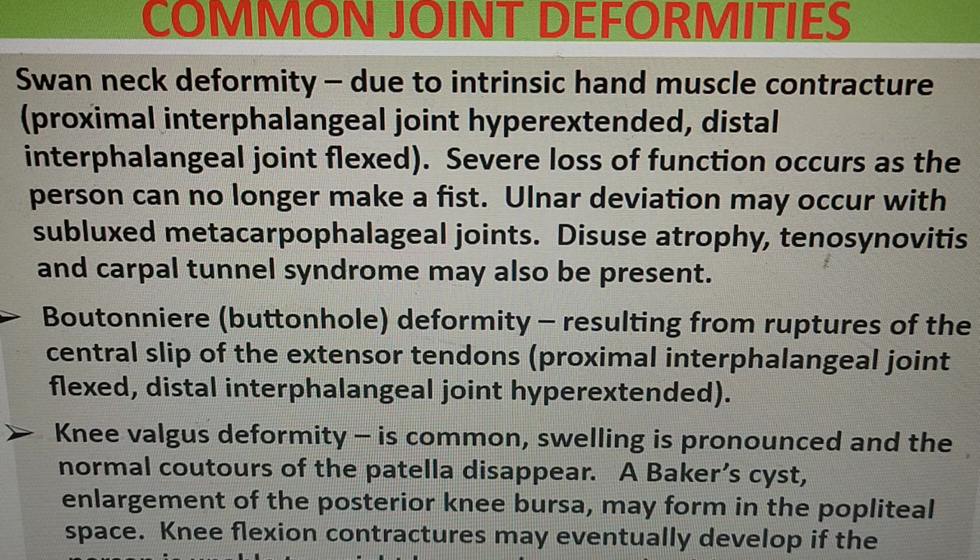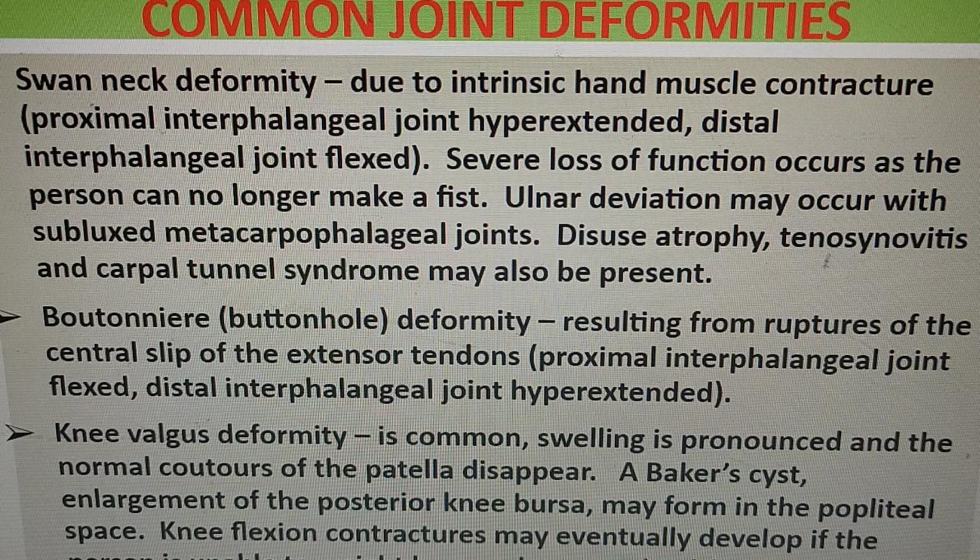Okay, ulnar deviation may occur with subluxed metacarpophalangeal joints. Disuse atrophy, tenosynovitis, and carpal tunnel syndrome may also be present. This will affect the nerves of the hands and can cause carpal tunnel syndrome as well.